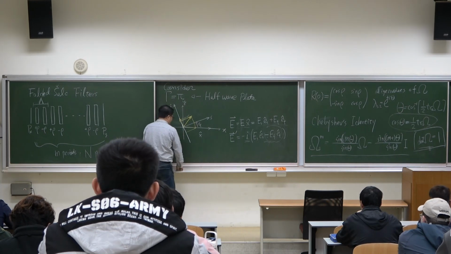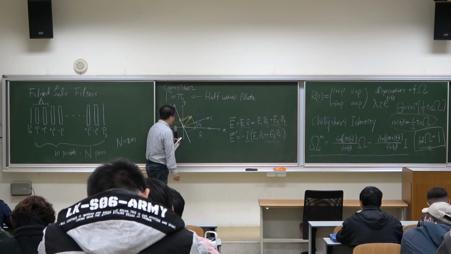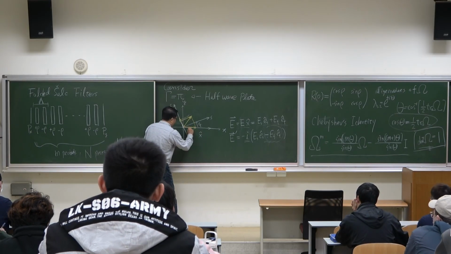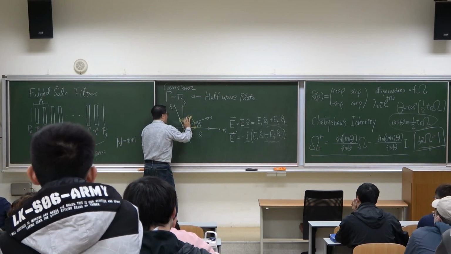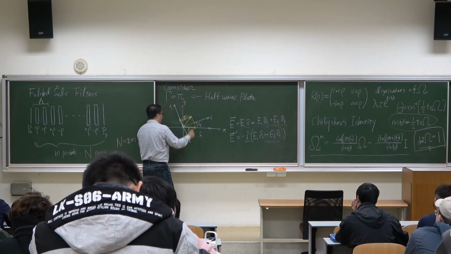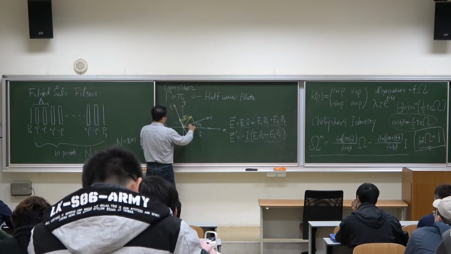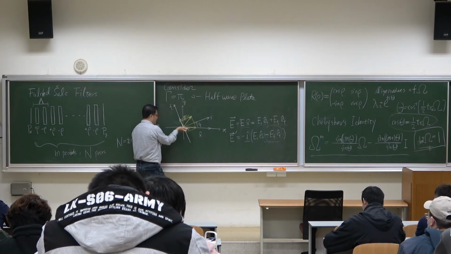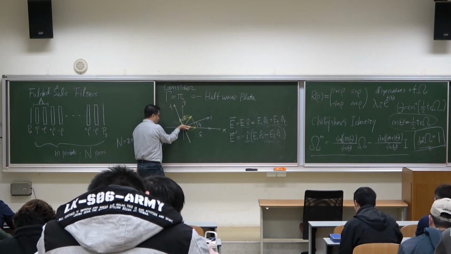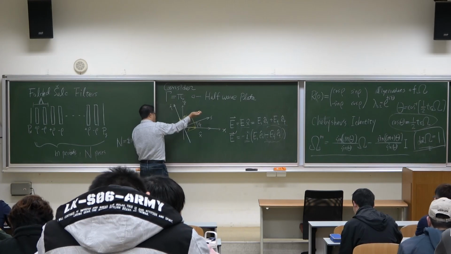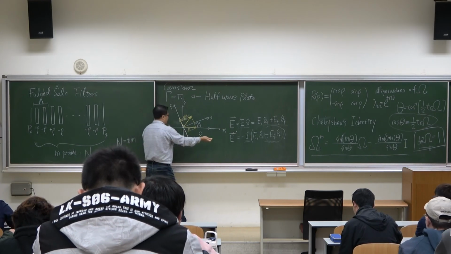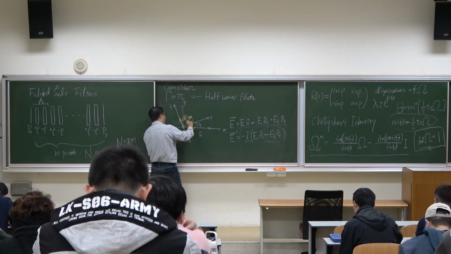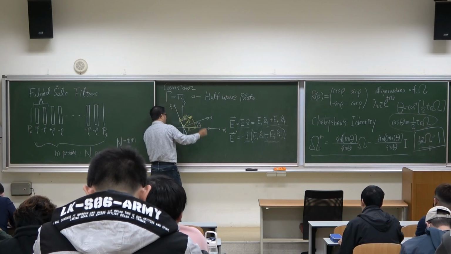So the summation of them gives the final E vector, E prime. The angle between the x-axis and the slow axis is psi, which is also the angle between the original E vector and the slow axis. Now for the final E vector E prime, the angle between E prime and the slow axis is also psi.